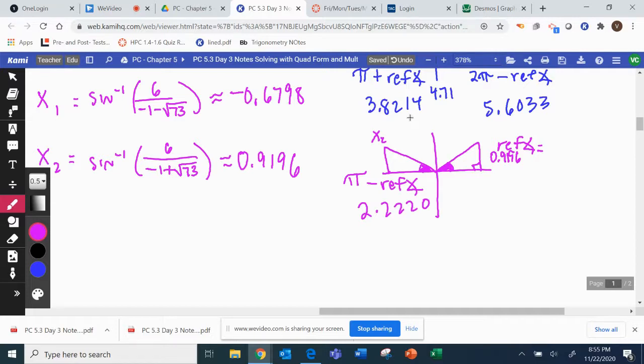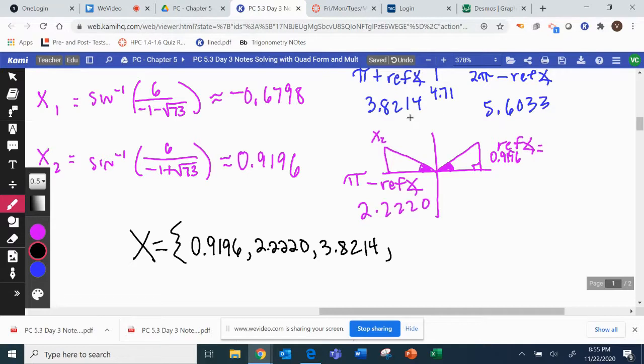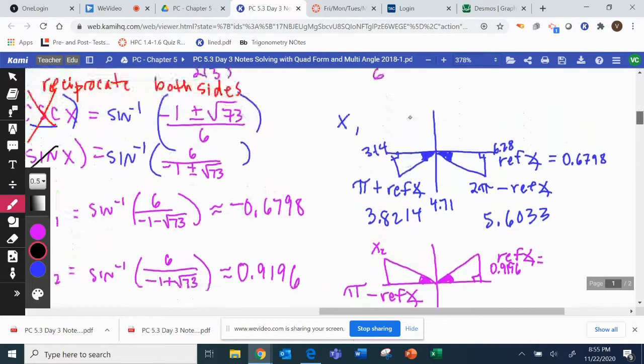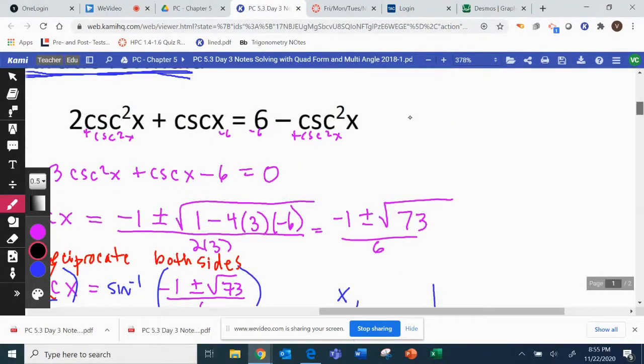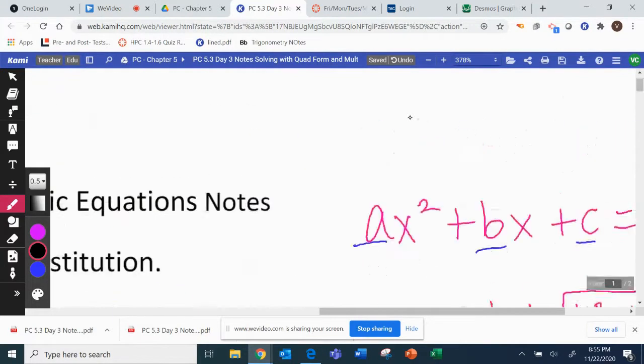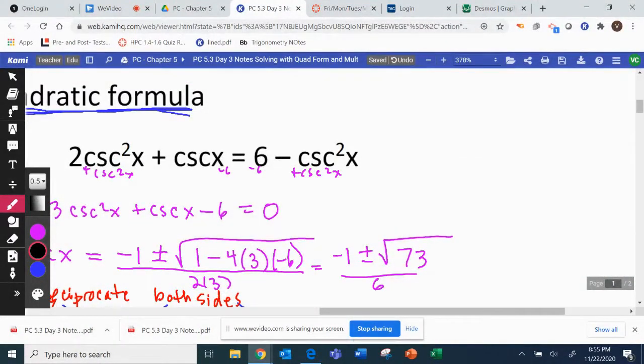All right, so now I'm going to put these in order, and I'm going to double check on Desmos that I have them correct. Okay, so my original question was 2 cosecant squared x plus cosecant x.